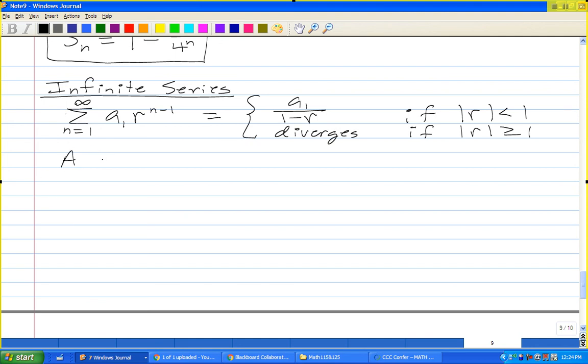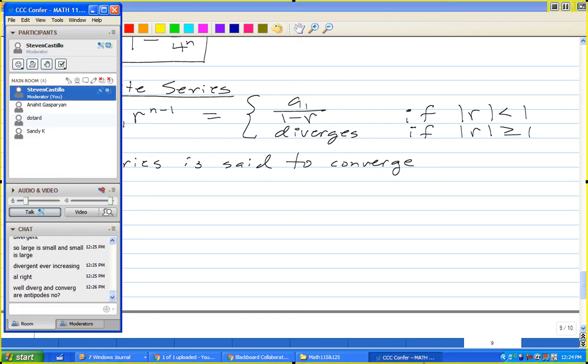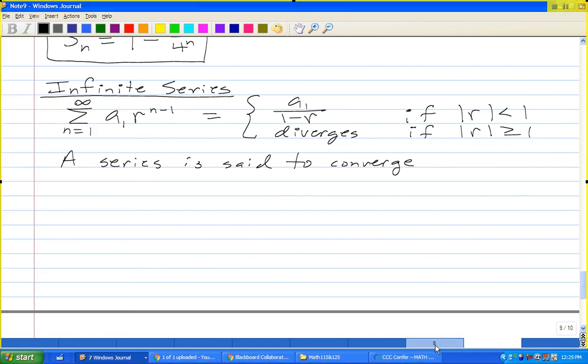A series is said to converge somewhat. So a divergent series is a series that does not converge, a series that's not a convergent series.